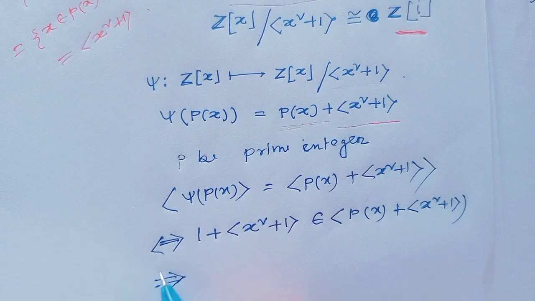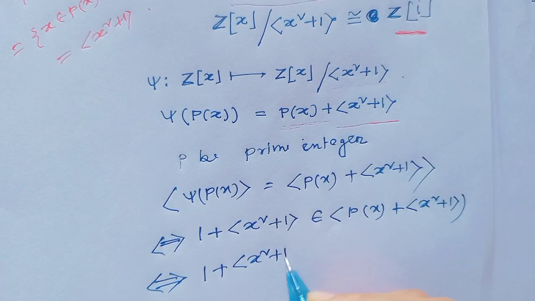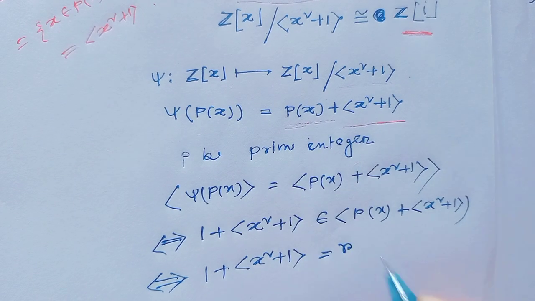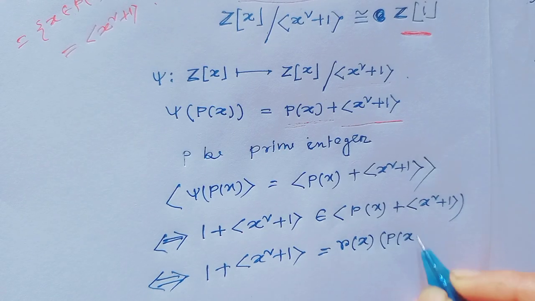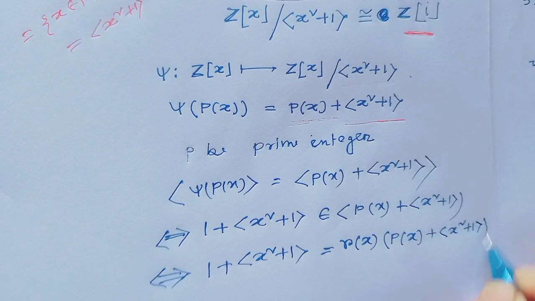Therefore, 1 plus the ideal generated by x square plus 1 equals r(x) times p plus the ideal generated by x square plus 1.